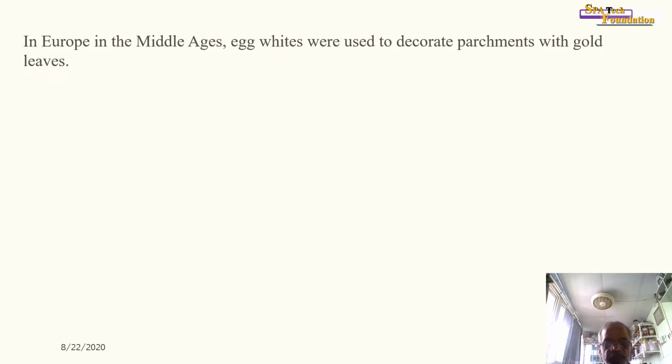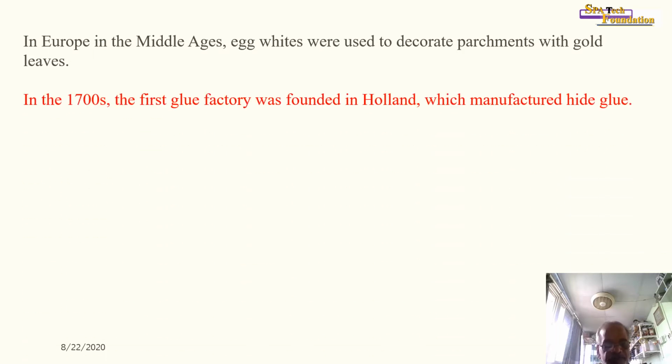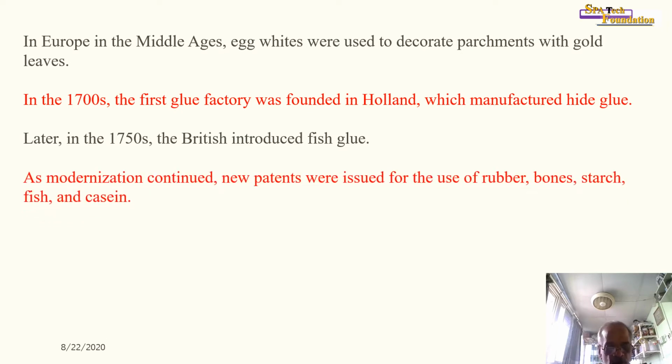In Europe in the Middle Ages, egg whites were used to decorate parchments with gold leaves. In the 1700s, the first glue factory was founded in Holland, which manufactured hide glue. Later, in the 1750s, the British introduced fish glue.